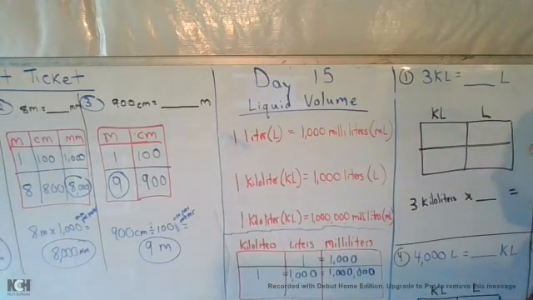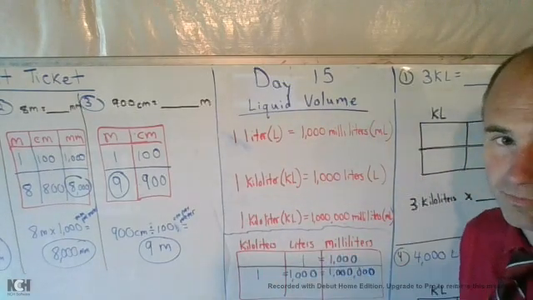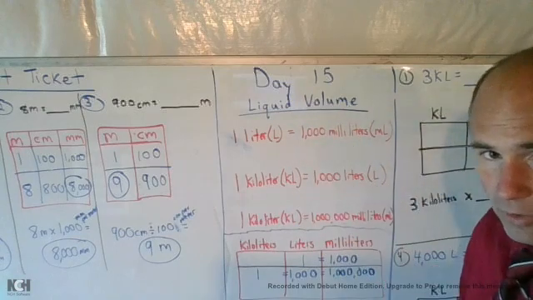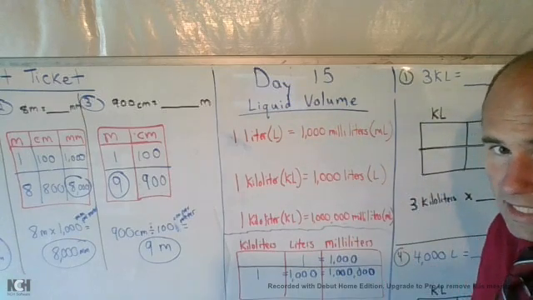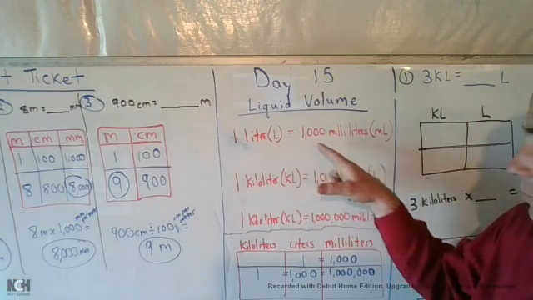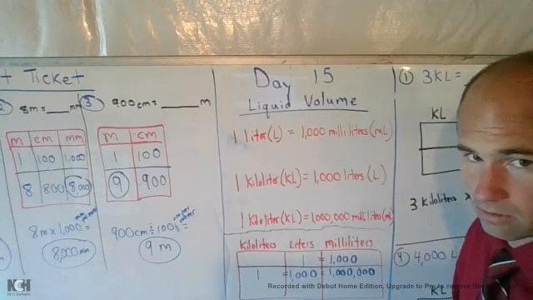All this right here, I organized into a chart, so you could copy down both. But what it's saying is 1 liter equals 1,000 milliliters.